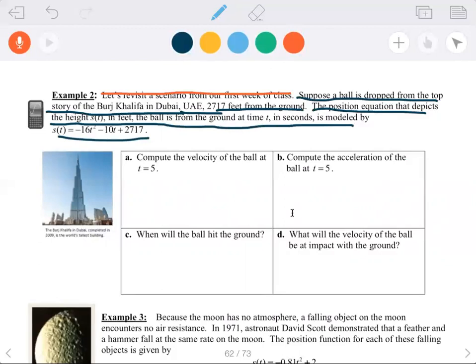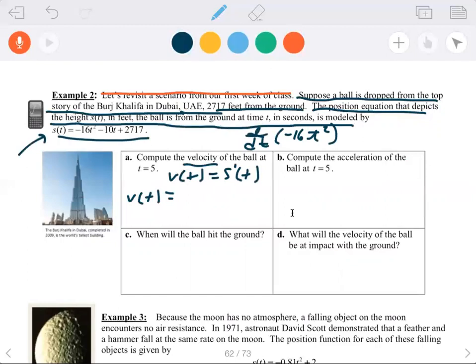So when you use, it says velocity. Velocity is the derivative of position. It's how your position is changing over time. So all we do is take our position function right here, and we do the derivative with respect to time. I'm really doing d/dt, because time is my independent variable, of 16t squared. So t is the new x.